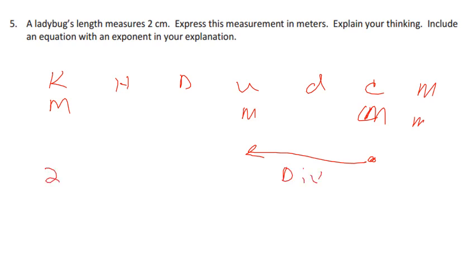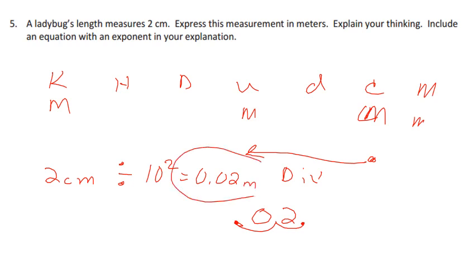So I got 2 centimeters divided by, it's 2 positions, so that's 10 to the second. So I have my 2 centimeters, put it in there, and I'm going to move it 2 place values. 1, 2. So that equals 0.02 meters. There's our answer.